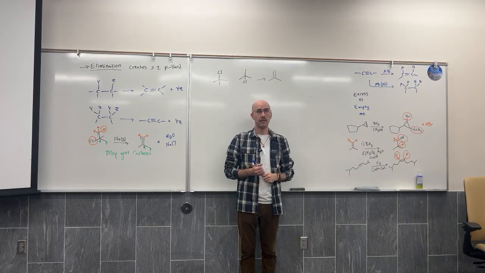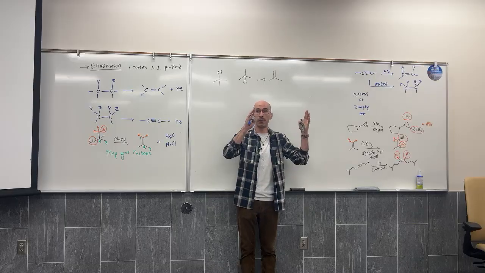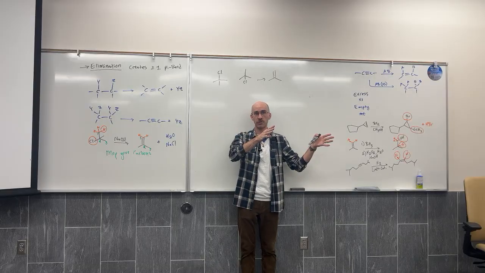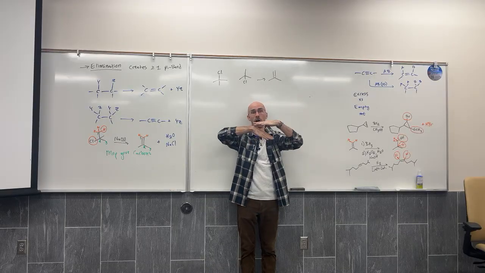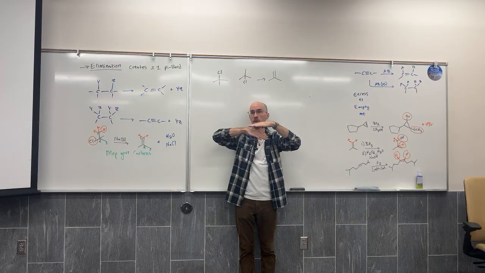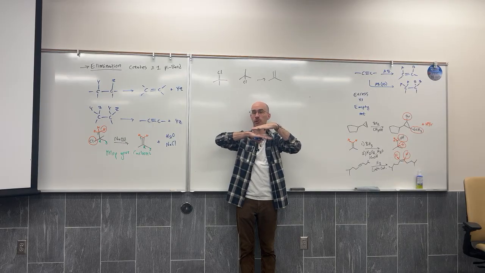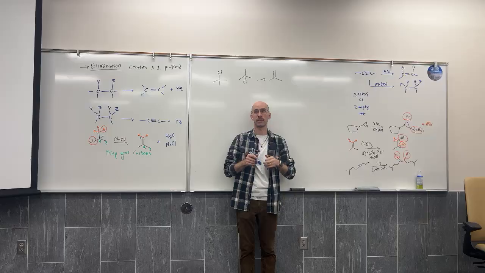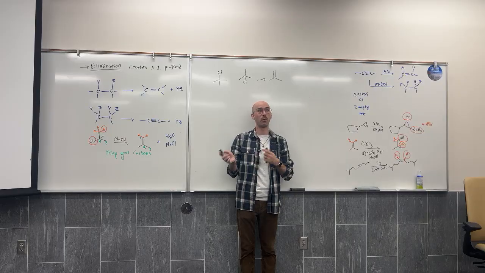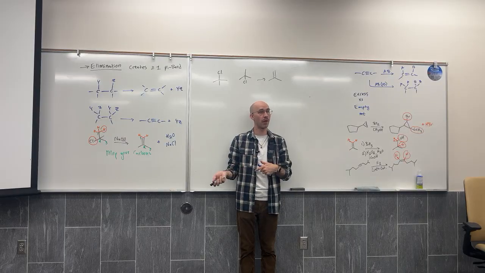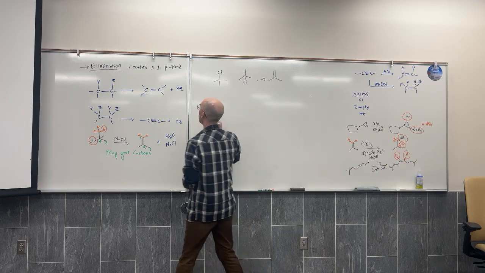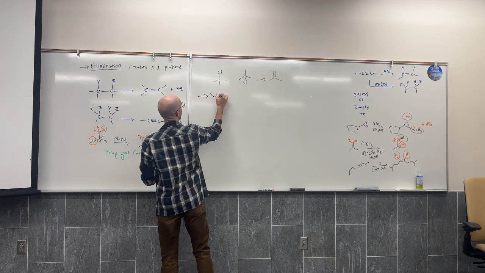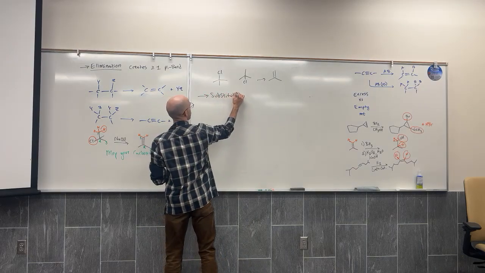Okay. Now, I've talked about how I can put things onto an organic structure and I can take things off of an organic structure. What other change could I make to an organic structure? A swap. I can put one thing on while taking one thing off, and we call that swap. Oh, no, you're right, substitution.